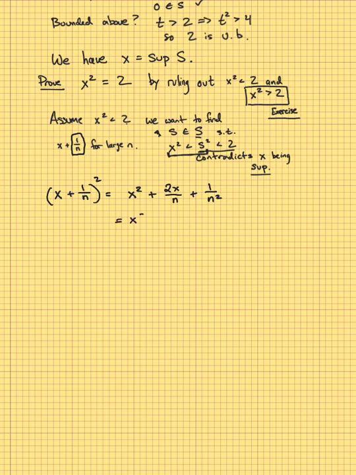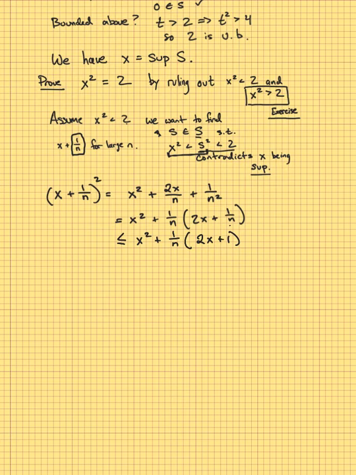So this is x squared, and I'm going to pull out a 1 over n, 2x plus 1 over n, which is less than or equal to x squared plus 1 over n times 2x plus 1. Okay, so I've just made this number a little larger, switching it to 1. The reason I'm doing this is that we're eventually going to solve for n, right? So it's easier to eliminate as many n's as you can.